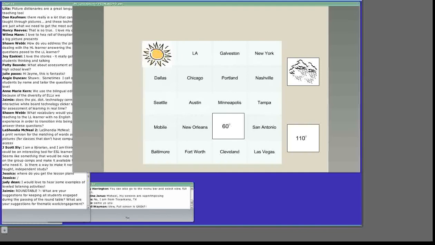What makes this a multi-level situation is that the lower level learners can just be saying sunny Houston or Jane pajamas if we're on clothing, and the mid and higher level learners can be creating more authentic exchanges.